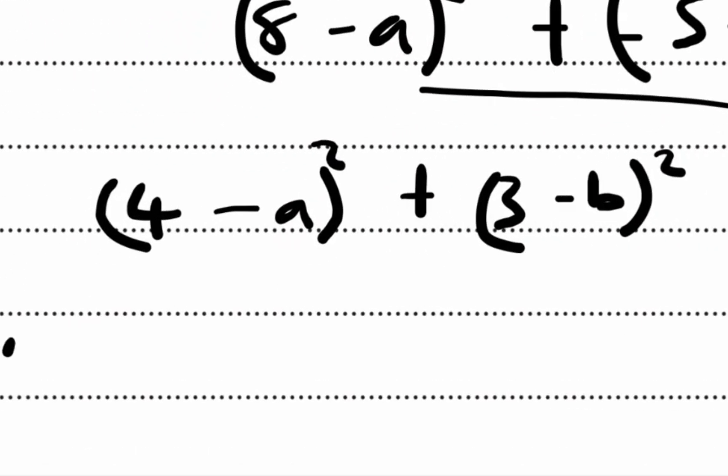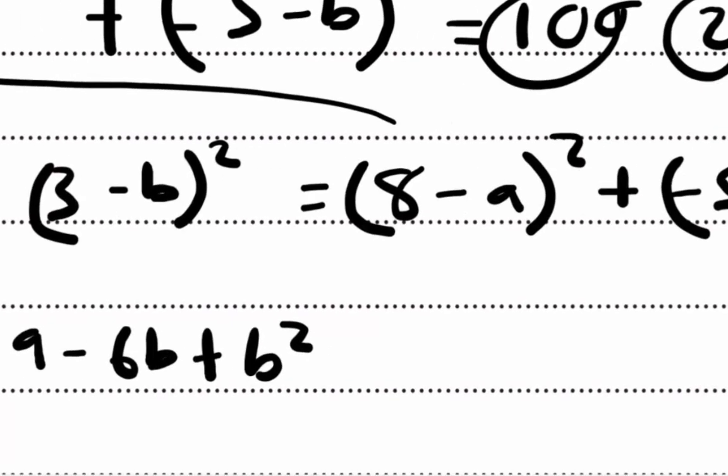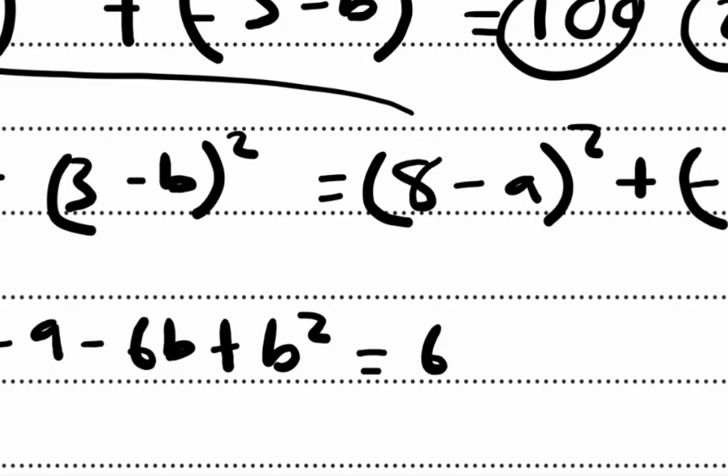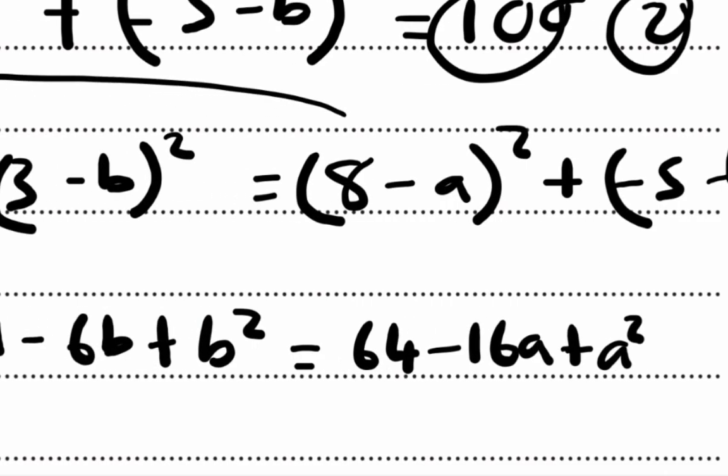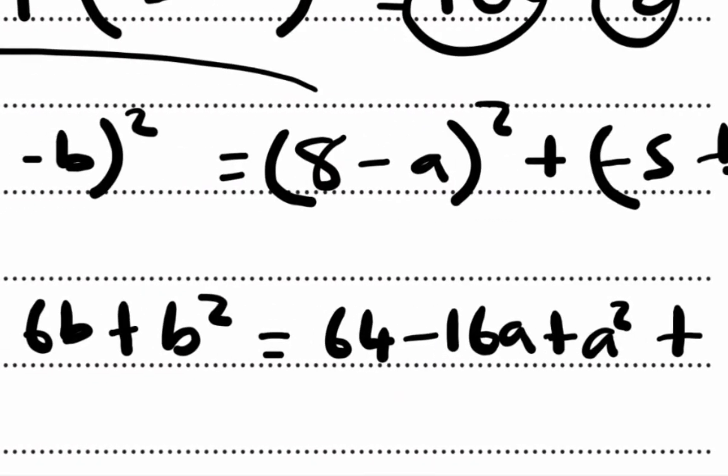And this will be 16 minus 8a plus a squared plus 9 minus 6b plus b squared being equal to 64 minus 16a plus a squared, which is being added to our 25 plus 10b plus b squared.